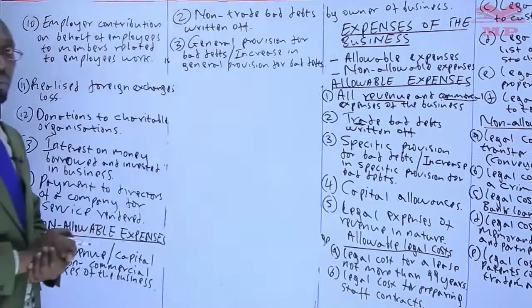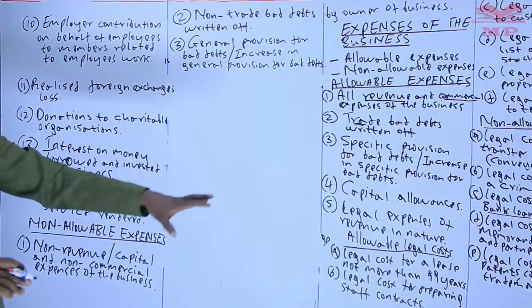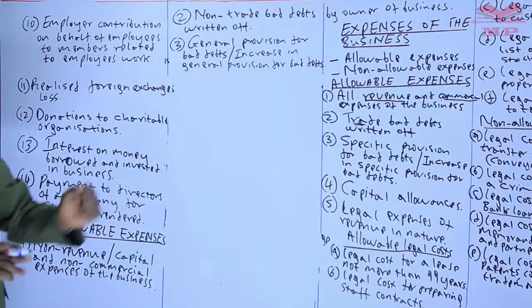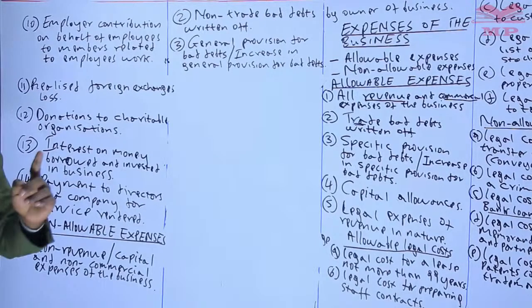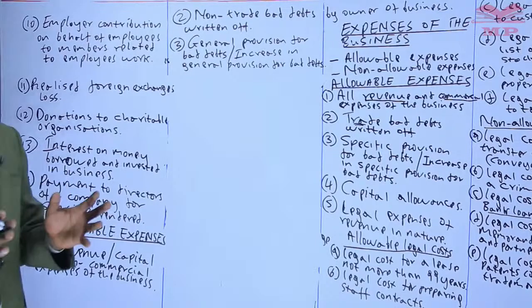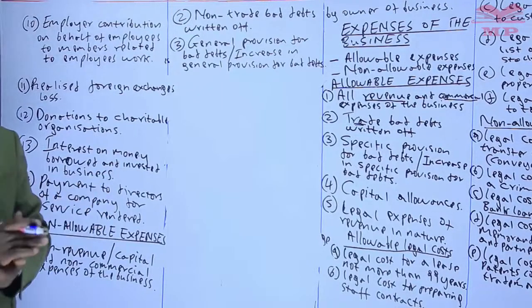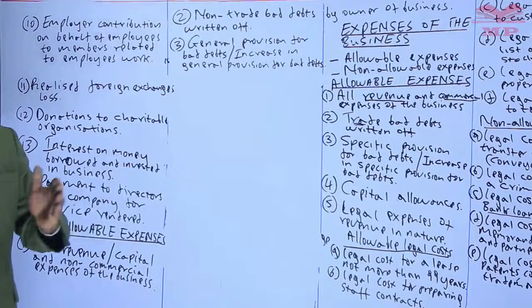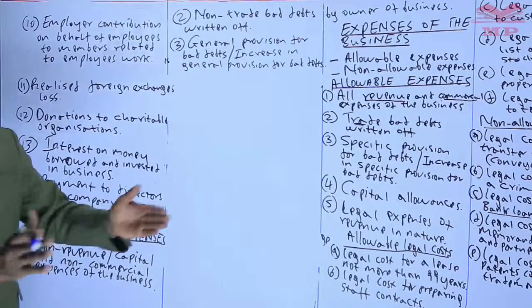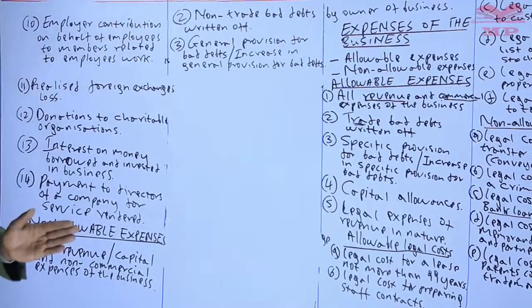We said if it is a specific provision for bad debt, or an increase in specific provision for bad debt, that is allowable. General provision, we said, normally arises as a result of estimate. For example, at the start 20, at the end 25. That year it means that you created 5 million more. That is not supposed to be allowable against the taxable incomes of the business.